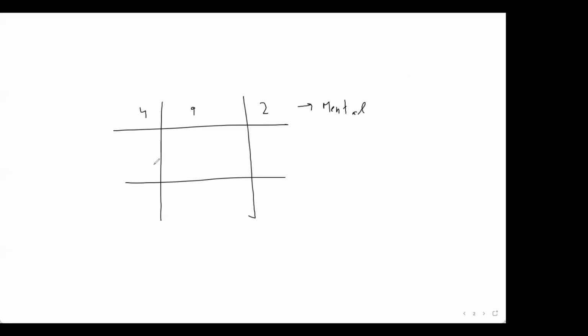The 357 plane is known as the emotional plane. And the 816 plane is known as the practical plane.